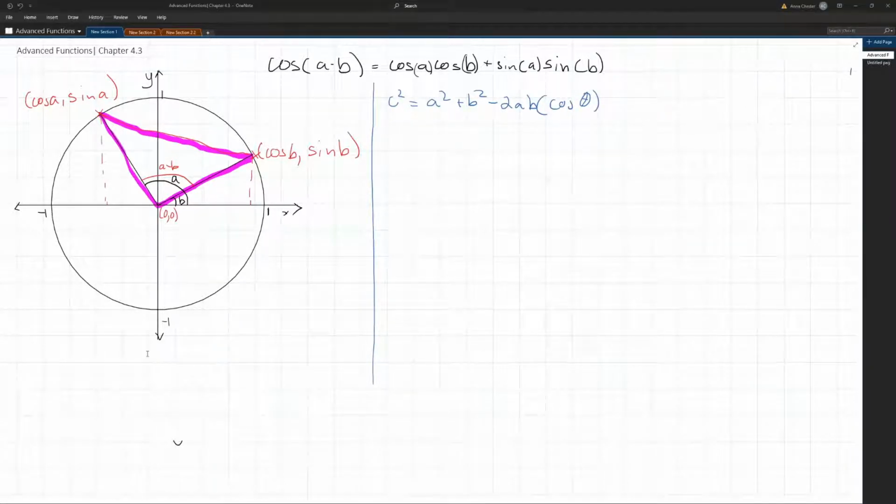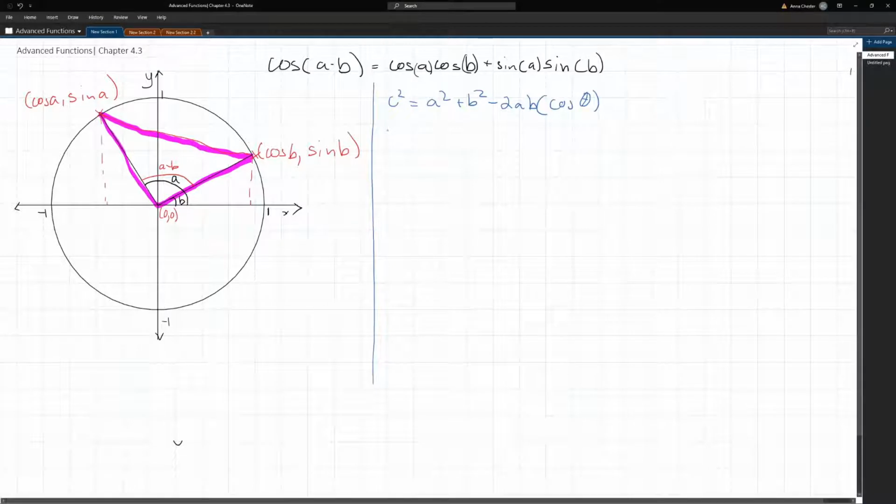So with that, we could actually start substituting in values. What we know for sure is that we could substitute 1 for the lengths of the arms, right? Because that's the radius. So c squared is equal to 1 squared plus 1 squared minus 2 times 1 times 1. And our angle here is cosine of A minus B.